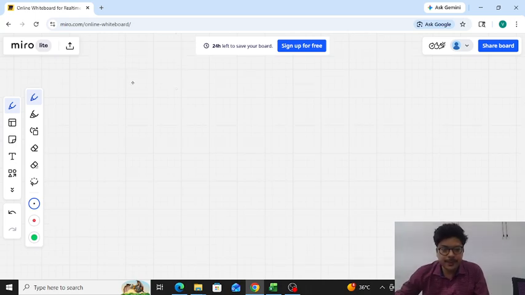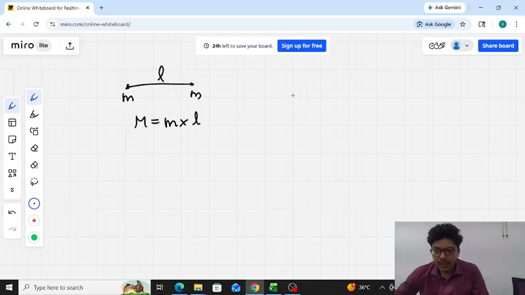Here it is given that there is one wire, which has length L and pole strength M. So the magnetic dipole moment is given as M into L. Now this is bent into a semicircular arc.